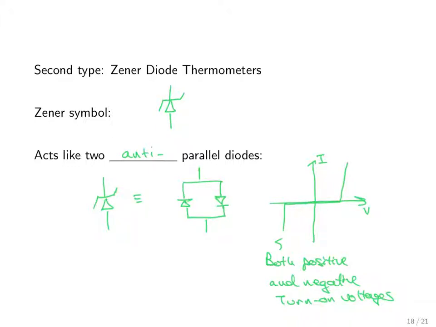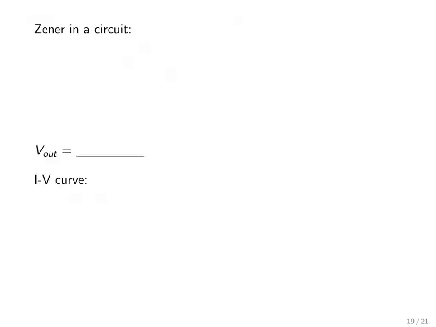And what we're going to do here is exploit the fact that the negative turn-on voltage is very dependent on temperature. So here's how we would use it in a circuit. We would, again, like in the PN junction diode case, have a fixed source voltage, a fixed resistor, and then a Zener diode. And we'd measure the voltage across the Zener diode.